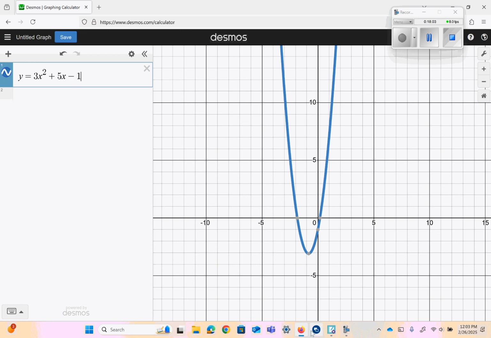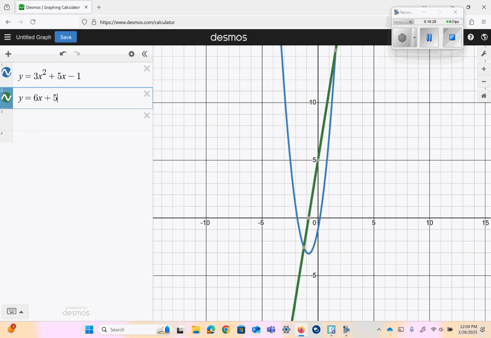Okay, so this is this particular graph. Now I could graph the derivative. So y equals 6x plus 5. So the green is our derivative.